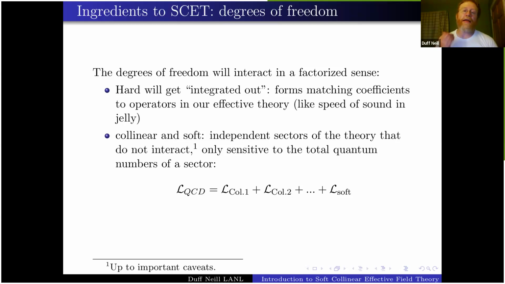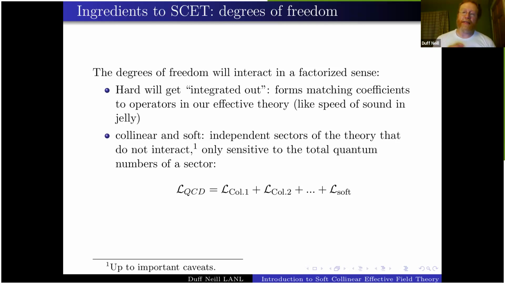The soft and collinear effective degrees of freedom, we are going to think of as being independent sectors of the theory that by and large do not interact with each other and that are only sensitive to the total quantum numbers of the other sectors.